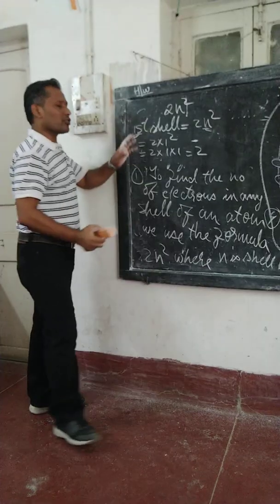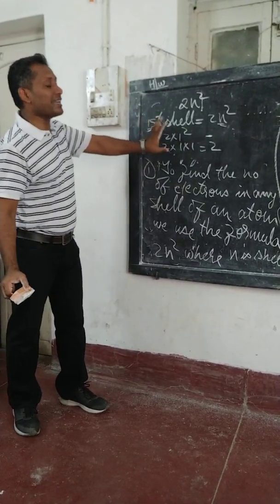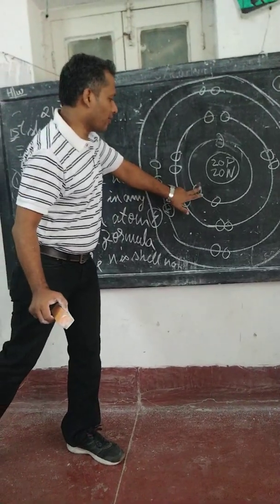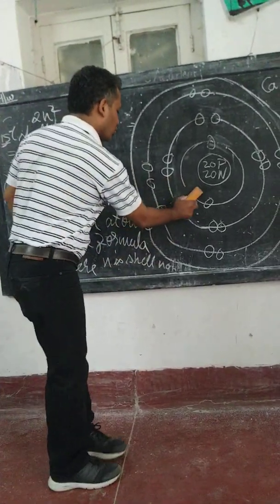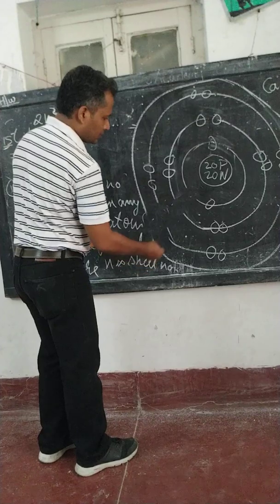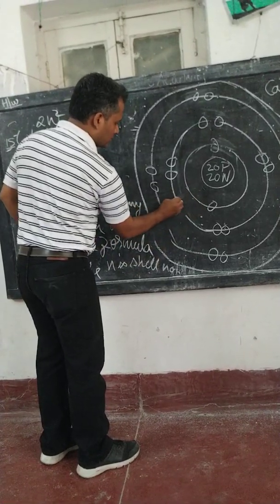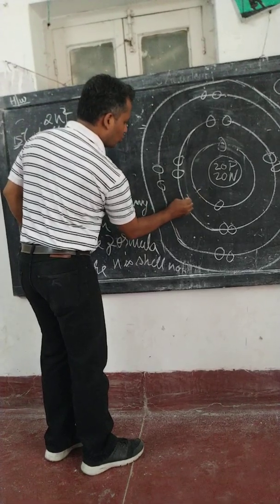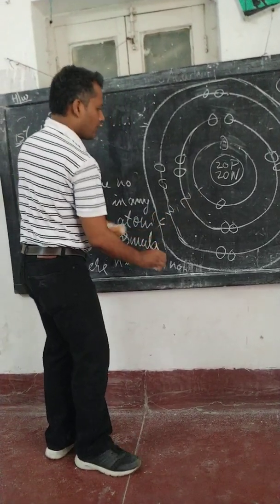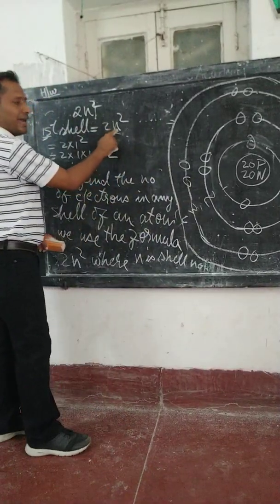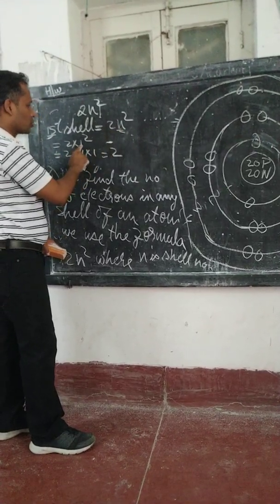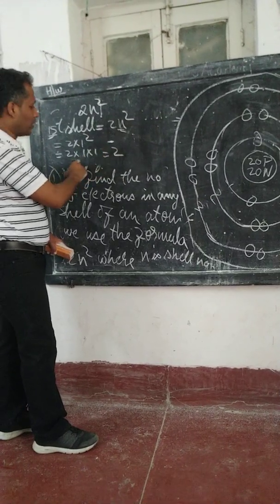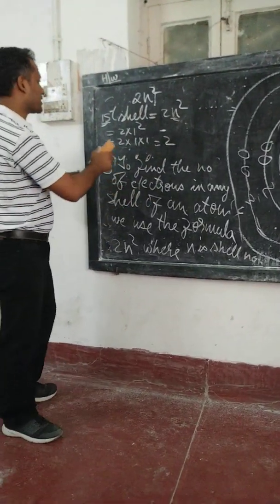What is the number of electrons that can be put in the first shell? It is 2. So you get the value 2.